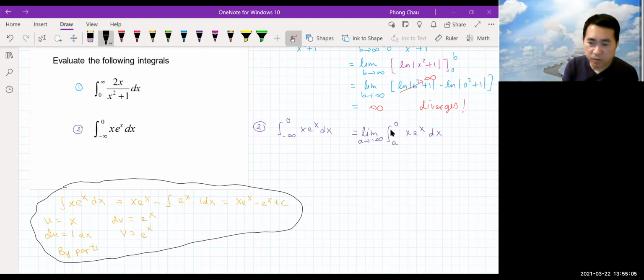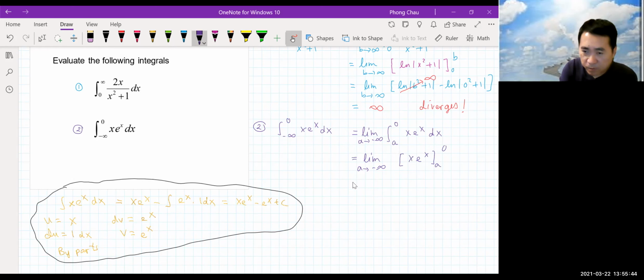Of course, now after I found it, just apply the fundamental theorem of calculus. That would equal the limit as a approaches negative infinity, and then from a to 0, I integrate this, so don't leave out the integration symbol, x times e to the x from a to 0.